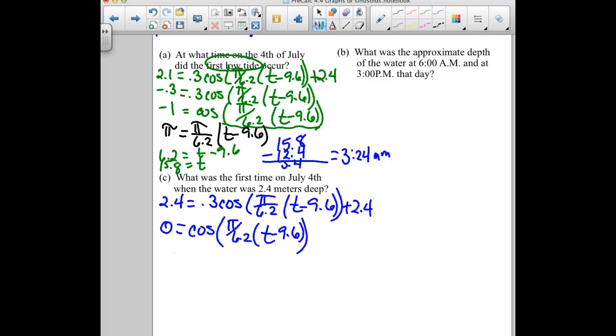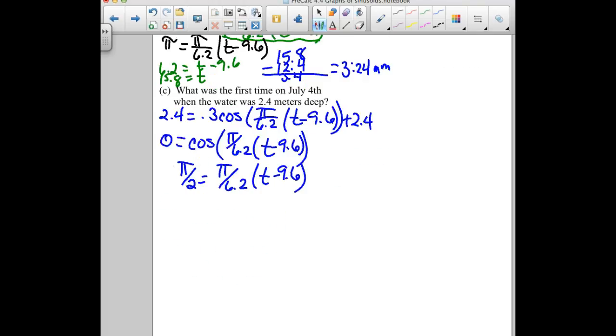Where on the unit circle is the cosine equal to 0? At 90 degrees, right? Pi over 2. So all the mess on the right-hand side has to be equivalent to pi over 2. Can we multiply by the reciprocal of pi over 6.2? What's going to happen here?